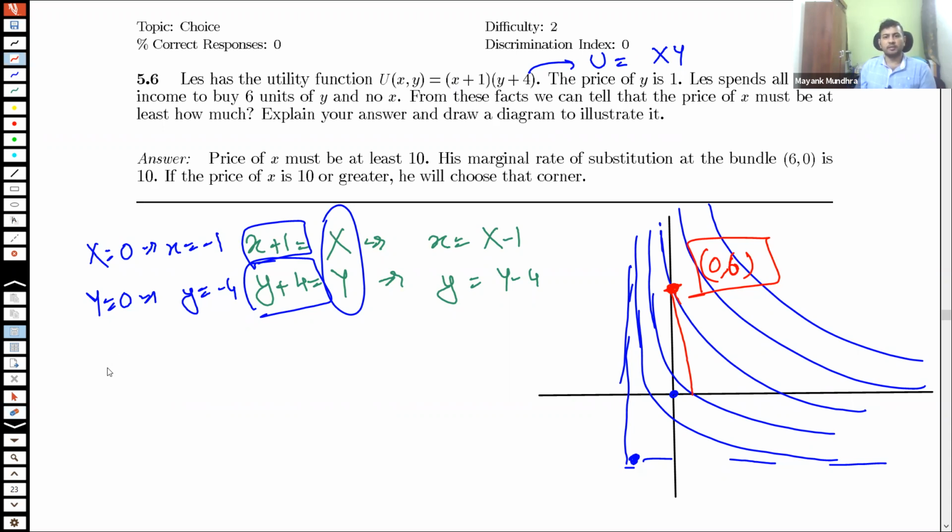Okay, so MRS is going to be equal to y plus 4 upon x plus 1. So at 0, 6, this becomes 10 by 1, so that is equal to 10. So px upon py must be greater than 10.